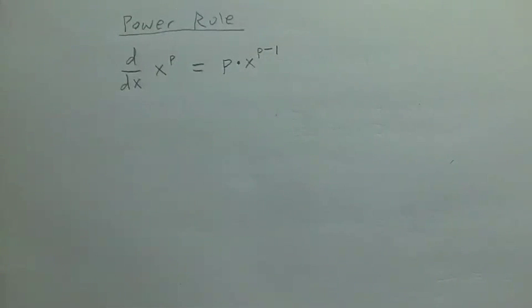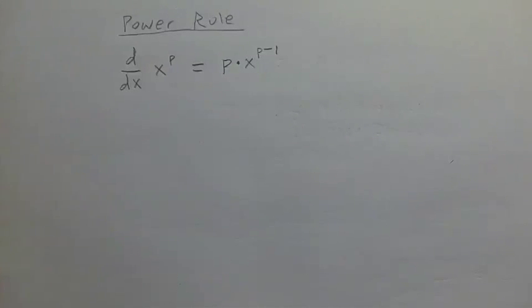Even though we only looked at it for a small number of possibilities, basically whole numbers up to 4, the fraction 1/2, and -1, it does actually work for any real number p.